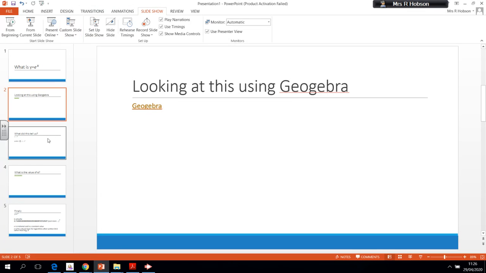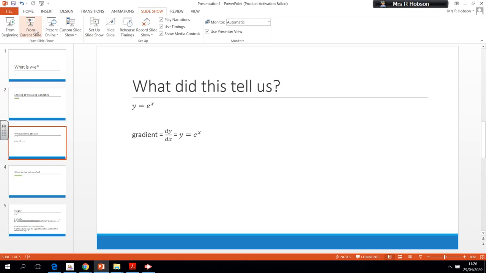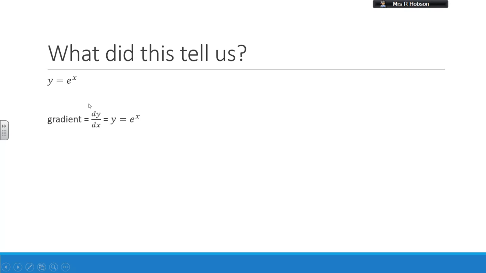So going back to here, what does this tell us? Well, it tells us that the gradient, which is dy by dx, remember, the change in y over the change in x, is equal to y, because the gradient on that previous graph, and go back and look again if you need to, is the same as y. So dy by dx is the same as y.